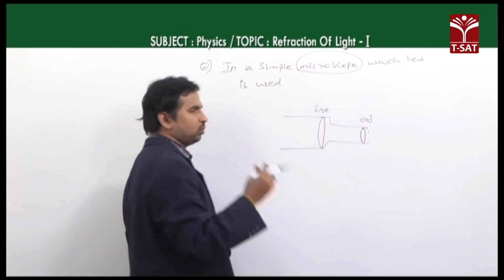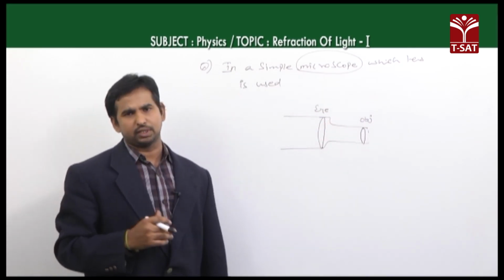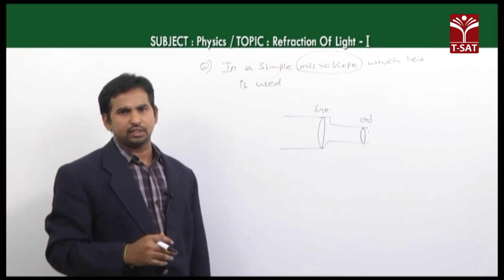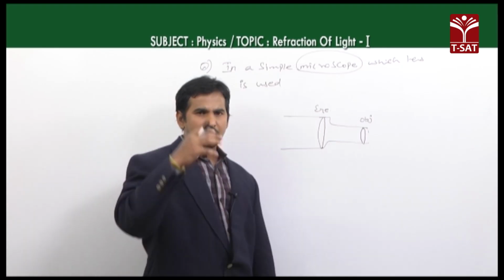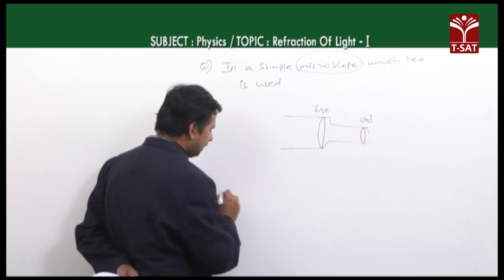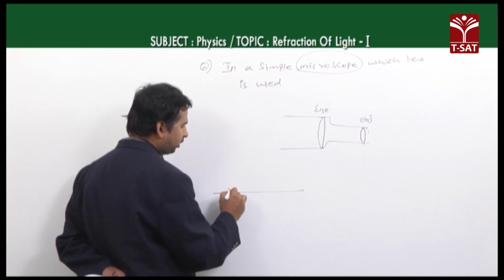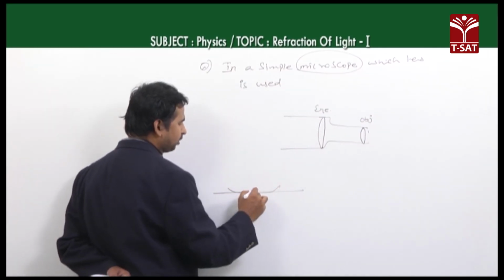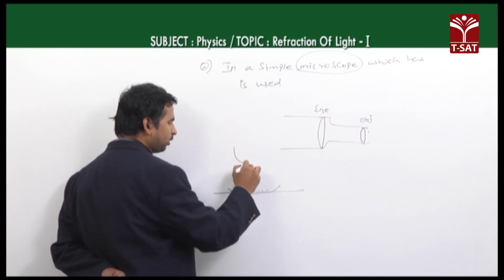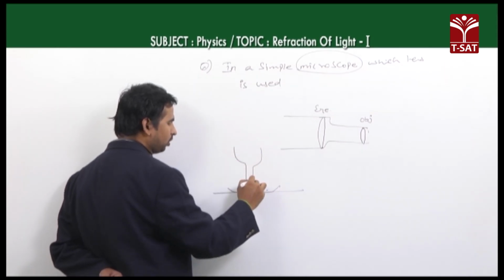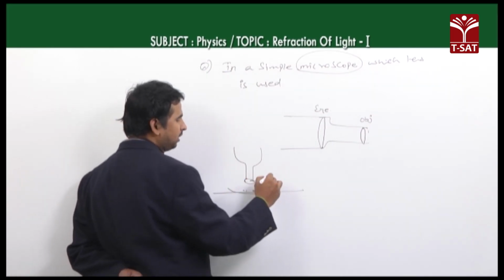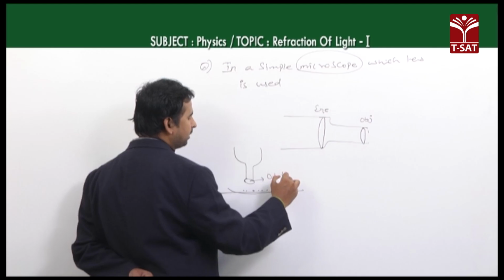Eye lens means the lens present towards our eye. Objective lens means whenever you are focusing the microscope, for example, if you want to see any bacteria or virus at this position, then the microscope should be focused on it, and the lens closer to the object we call the objective lens.